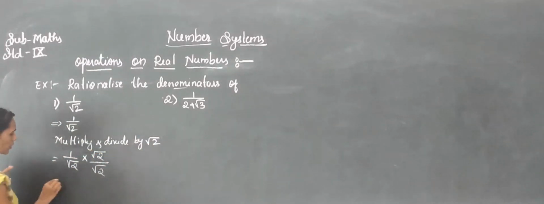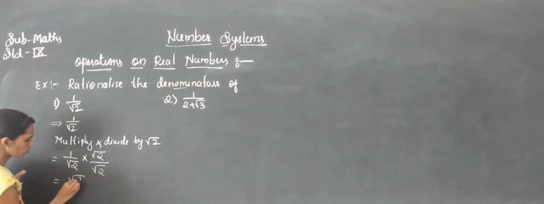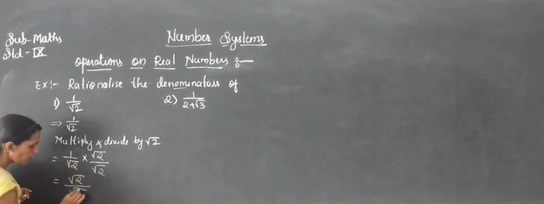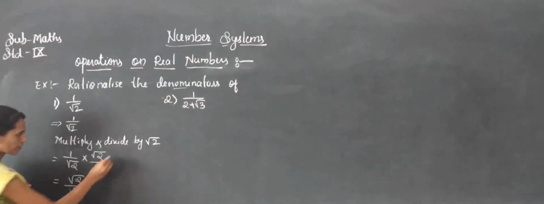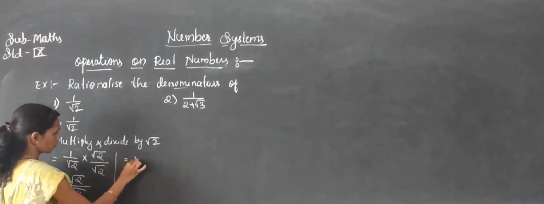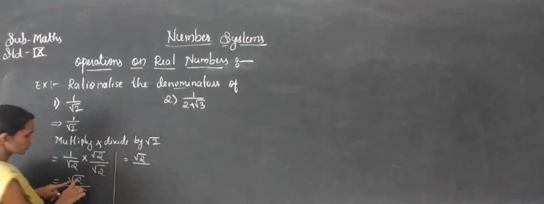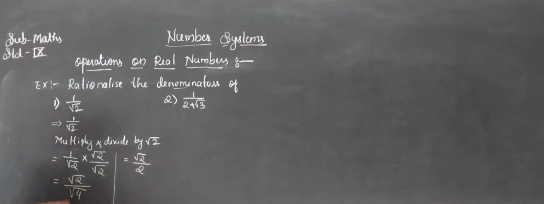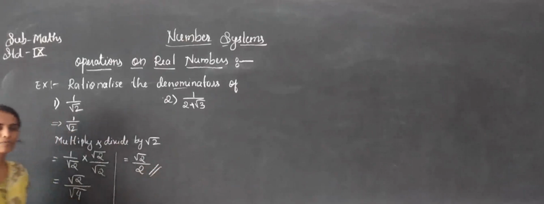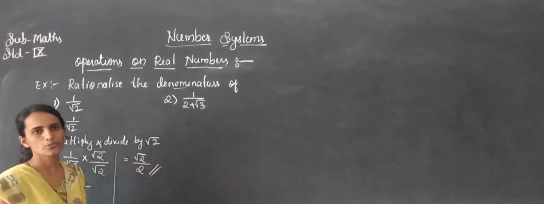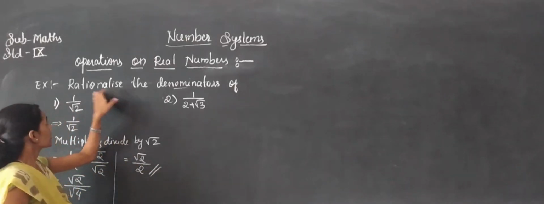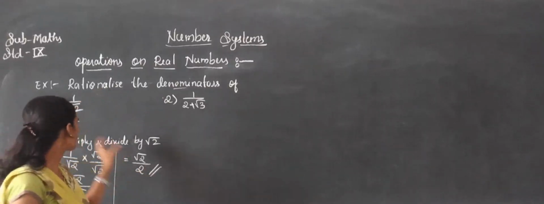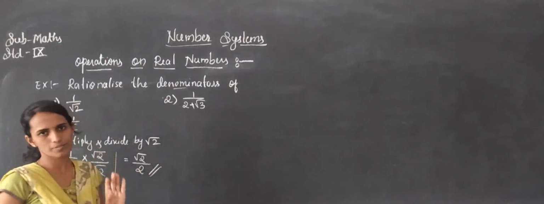Yes or no? So then 1 into root 2 will be root 2 only, divided by root 2 into root 2, that will give us root 4. So that will give us root 2 divided by 4, which is a perfect square number, so it gives us 2. Root 2 divided by 2. So when we rationalize the denominator, we get the value root 2 by 2. So we have to remove the irrational number from the denominator here.